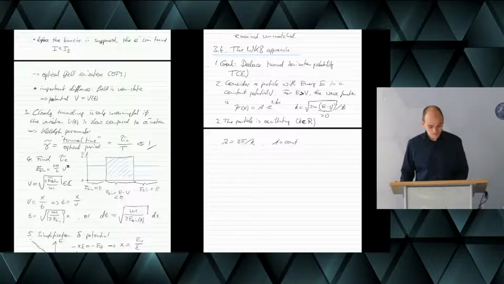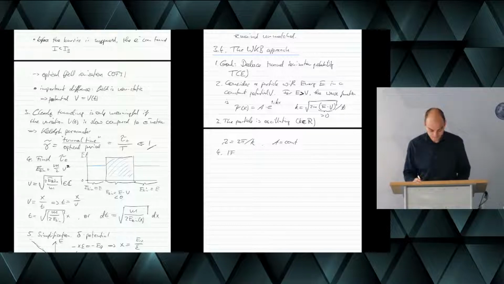Now the idea is, if the potential is actually not constant but slowly varying, then the solution should remain in the same form. Only these parameters A and K would now depend on space.